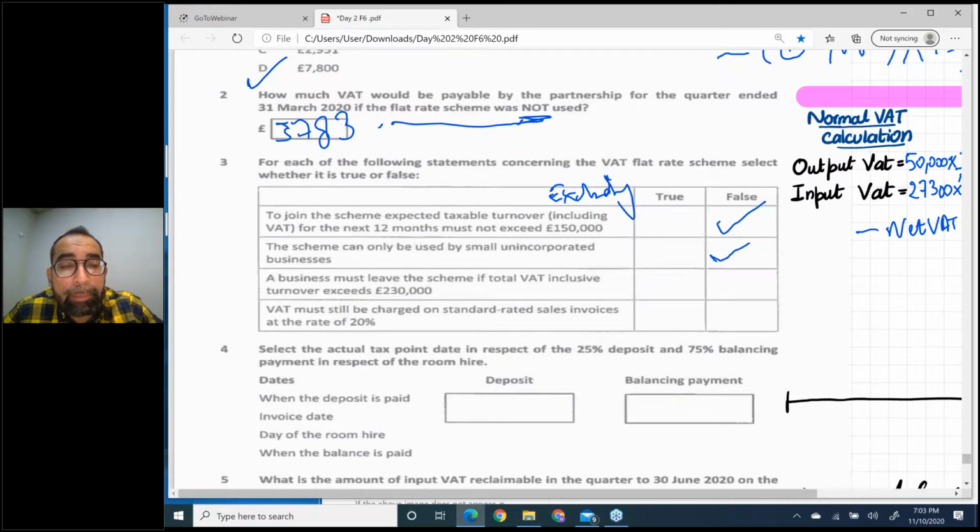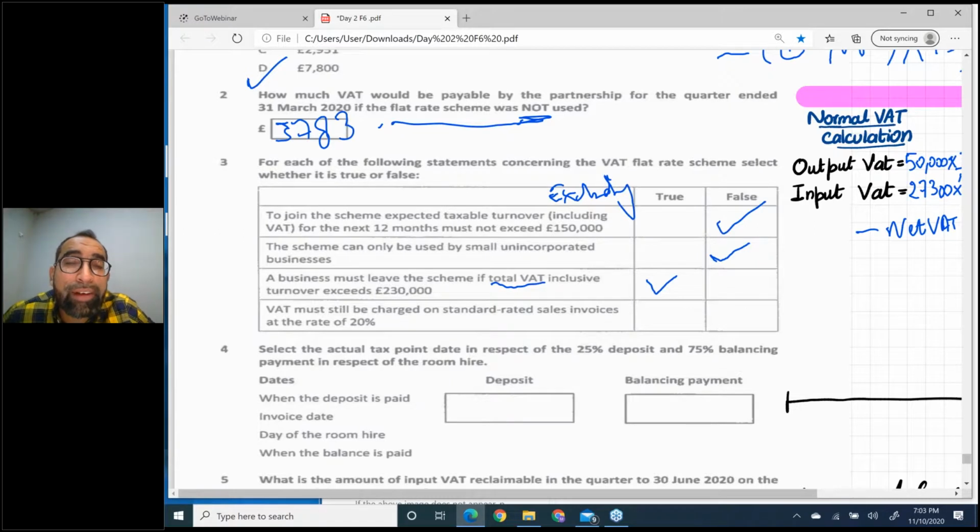Then, a business must leave the scheme if the total VAT inclusive turnover exceeds 230,000. For leaving the scheme, the limit is total VAT inclusive turnover. This is true. I told you when I was teaching you the flat rate scheme that there are two limits, 150 and 230.